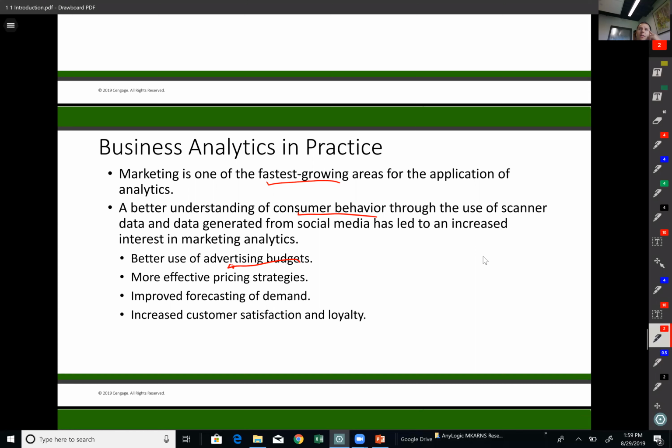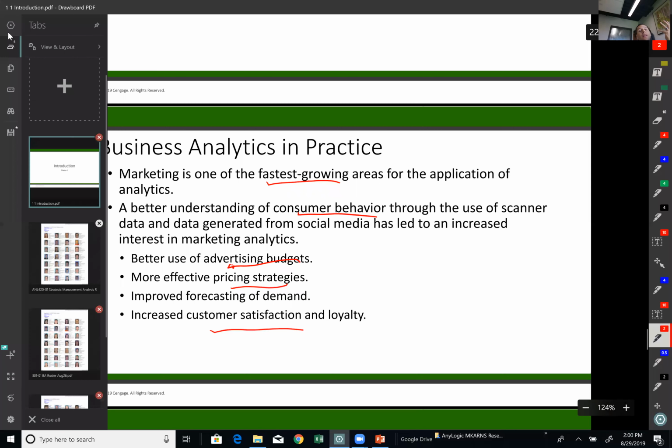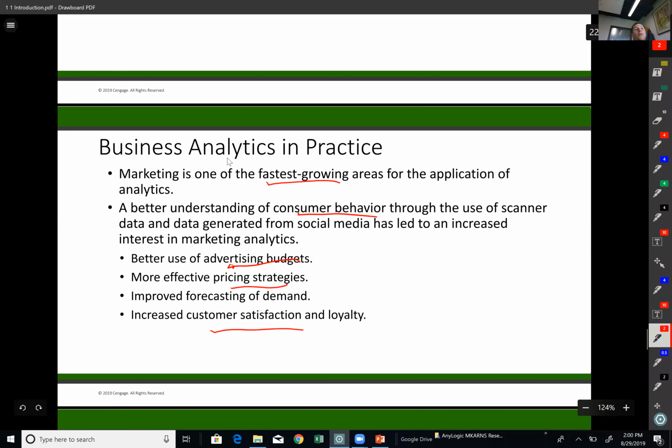These are all analytics decisions. And pricing strategies are different also, like should I give promotions, if so, when, by how much, should I bundle things together, should I increase the price, decrease the price, and how to measure customer satisfaction and loyalty, how to translate that into dollars. So these are all nice analytics applications in marketing.